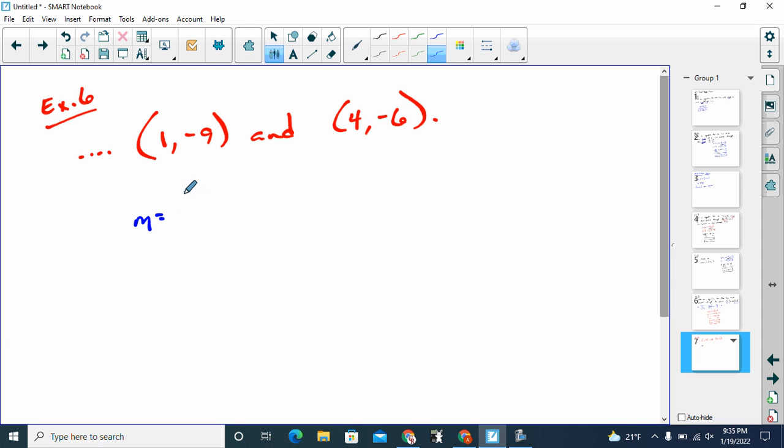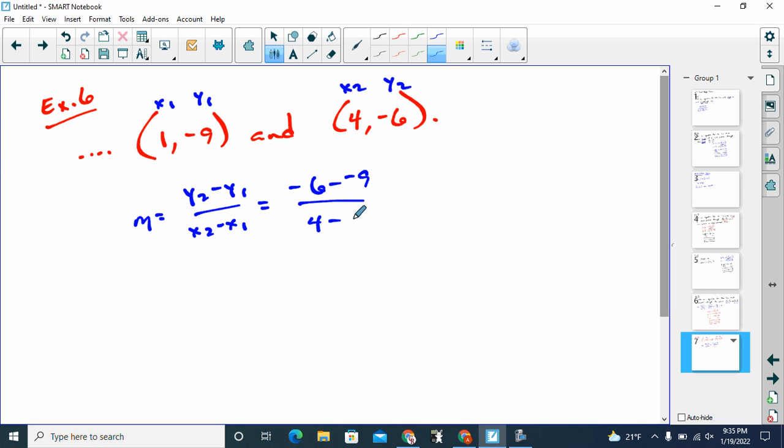First, we find slope. Use our slope formula. Label our points. y2 is -6. y1 is -9. x2 is 4. x1 is 1.